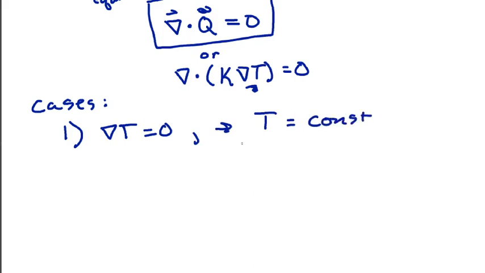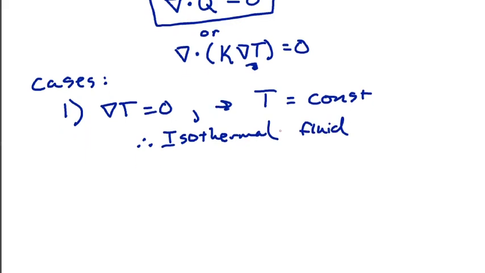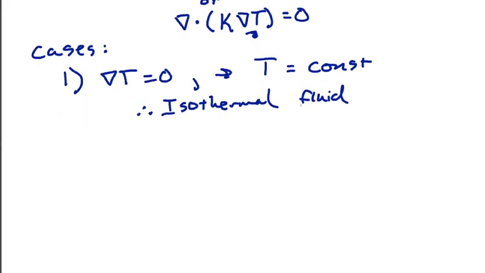And this then implies that we have an isothermal atmosphere, an isothermal fluid. Iso, same everywhere; thermal, temperature. The name tells you that the temperature is constant. So that came from setting grad T to be constant.